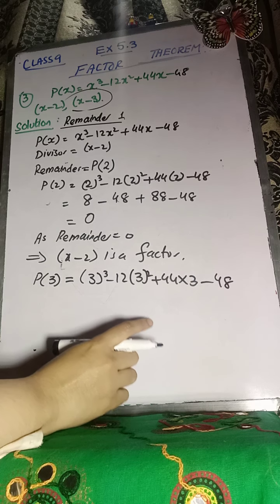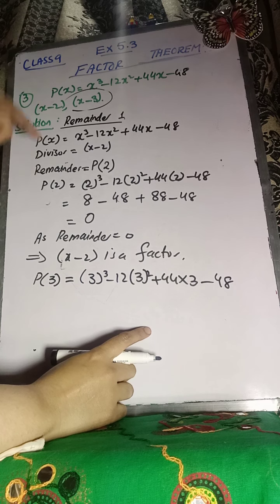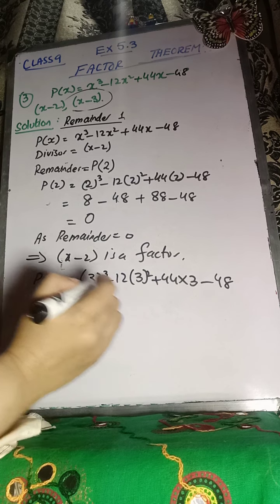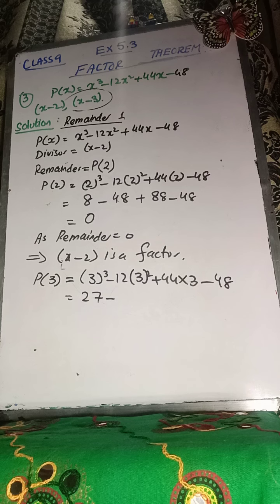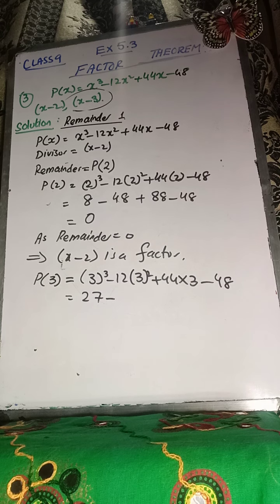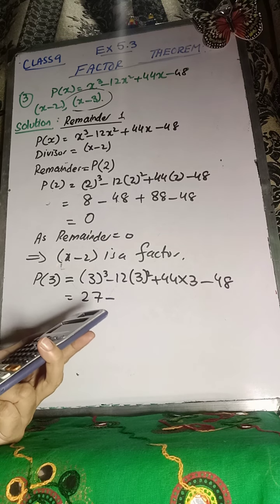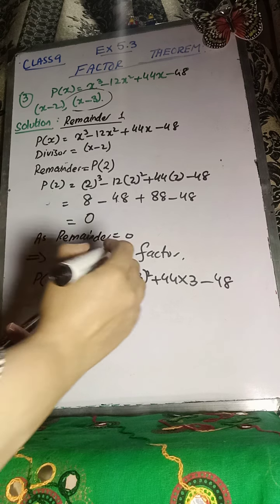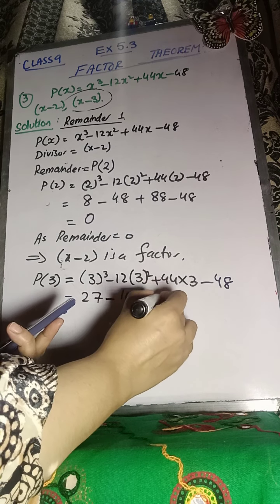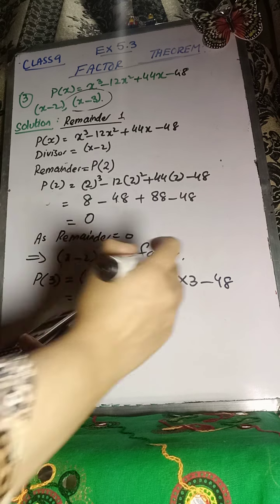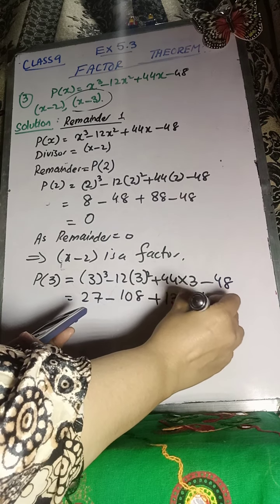Okay, so we are going to put 3 in place of x to find the remainder when this polynomial is divided by x minus 3. This will be 27 minus 12 into 9, which gives us negative 108, plus 44 into 3, which will be 132, minus 48.